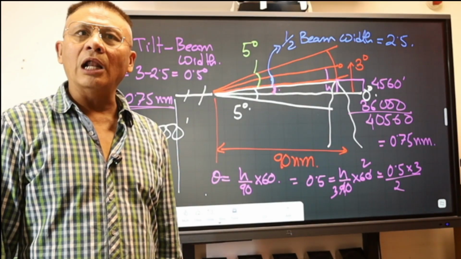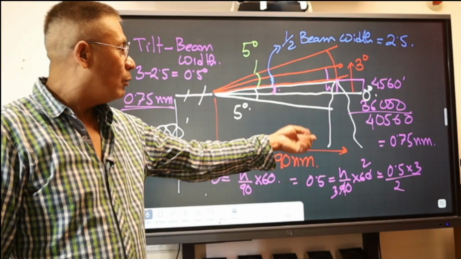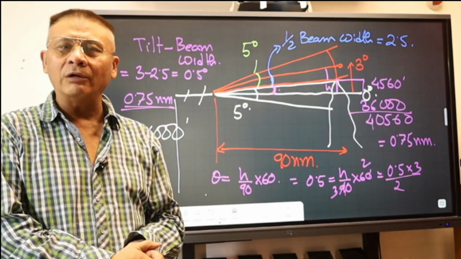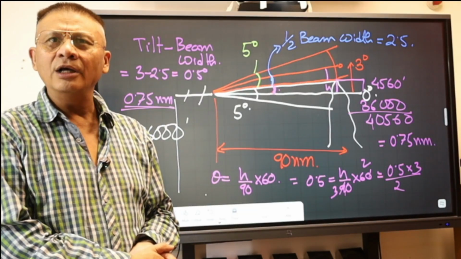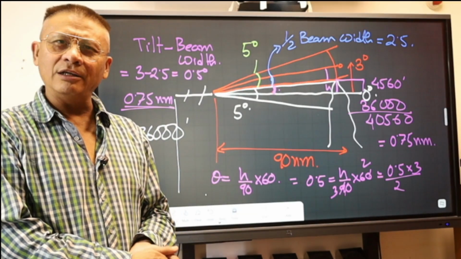So a cloud which is above me when I'm flying at 36,000 feet, which extends up to 40,000, is a very big and huge cloud, and it is going to be a dangerous one. So I need to avoid this cloud by at least 25 miles.